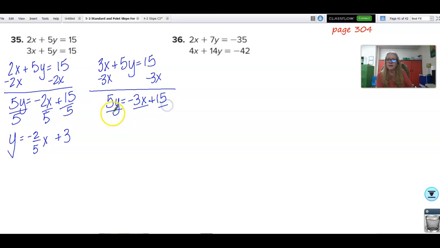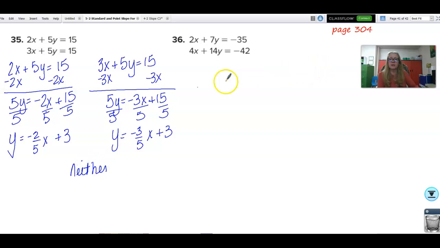Divide everything by 5. And that gives me y equals negative 3/5 x plus 3. Neither. Yep, those slopes do not match, and they're not negative reciprocals of each other.